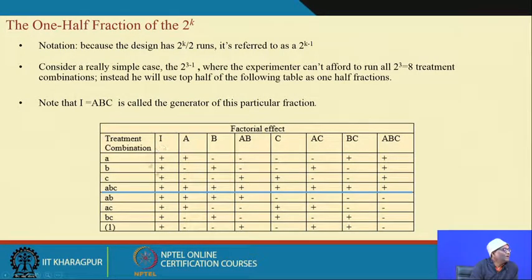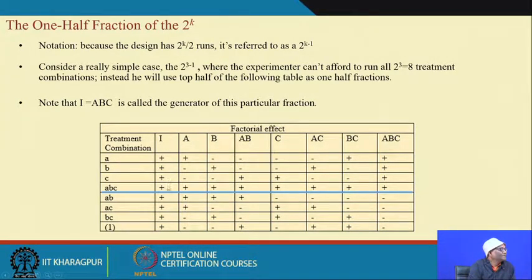So, you see this table, 2 to the power 3 minus 1 design. And this is basically the 2 to the power 3 full design. Now, we have written ABC in a special manner, so that you will get all 4 positives first, followed by 4 negatives.